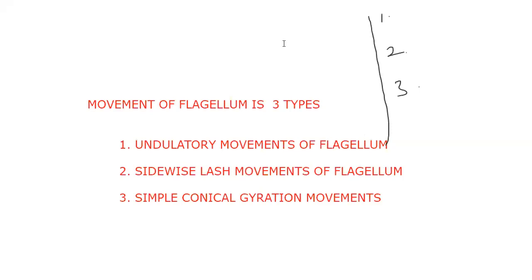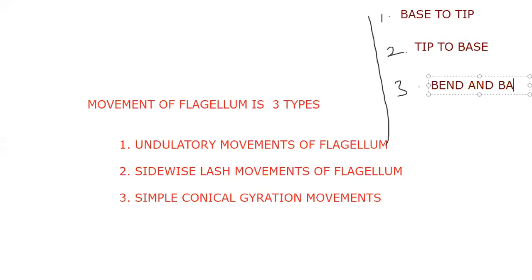I may have shown you bend towards the right, bend towards the left, all those things, but only three are in the text. The first is base to tip, the second is tip to base, and the third is bend and base to tip.